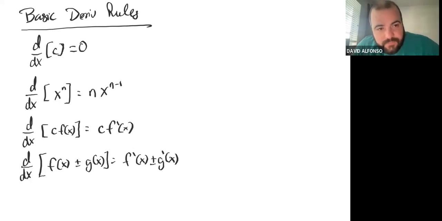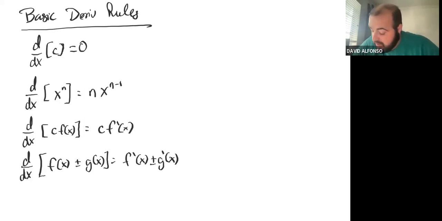Notice that we have the sum and difference rule, which is just that you can distribute the derivative. Obviously, it gets a little bit more advanced when you're doing the product or quotient. Those are very complicated to prove, but at the end of the day, there is a formula that follows a product and quotient.